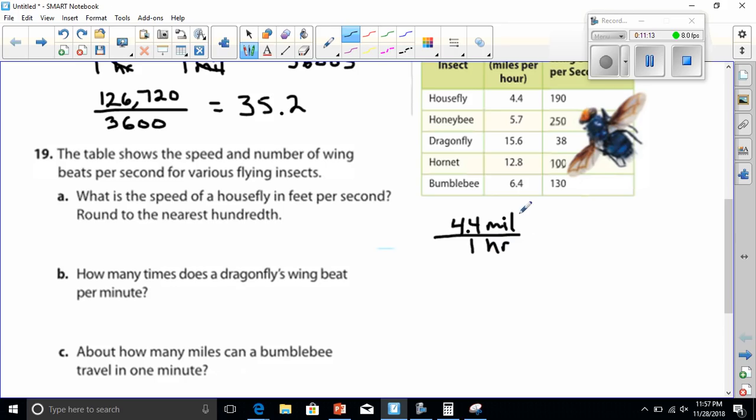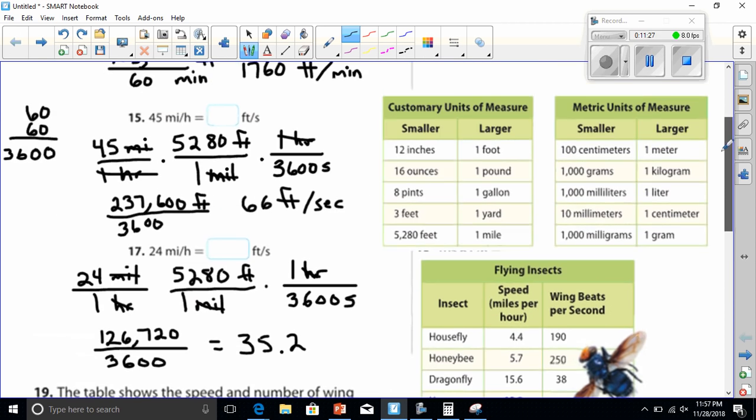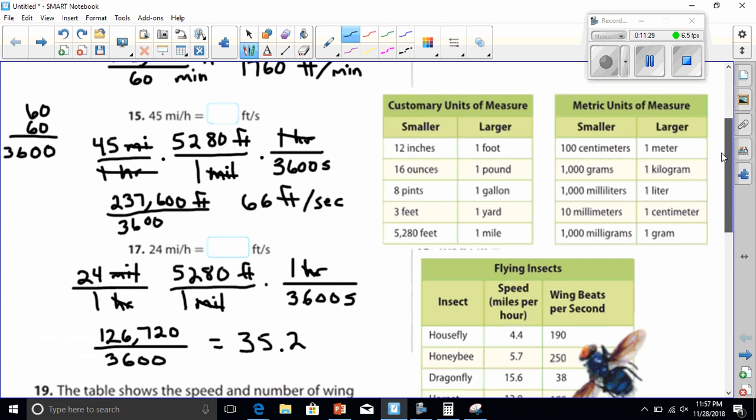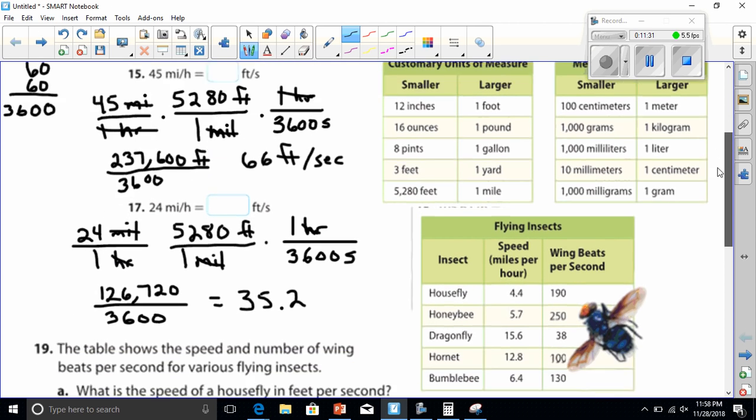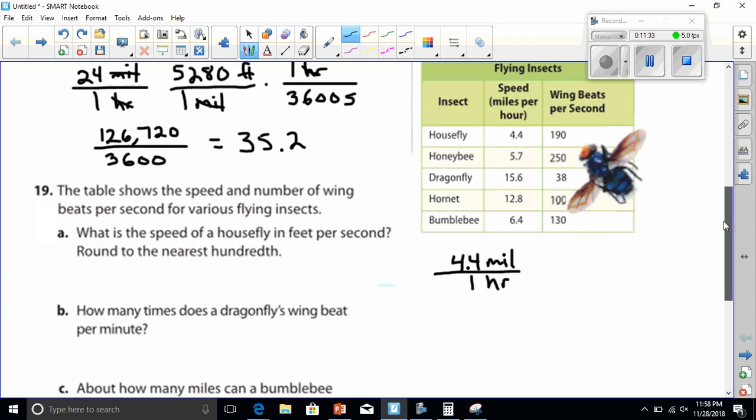And now they want us to change it to feet per second. They want us to get rid of the miles and the hours and turn it to feet per second. Well, we know from the problem that we've already done that there are 5,280 feet in 1 mile.